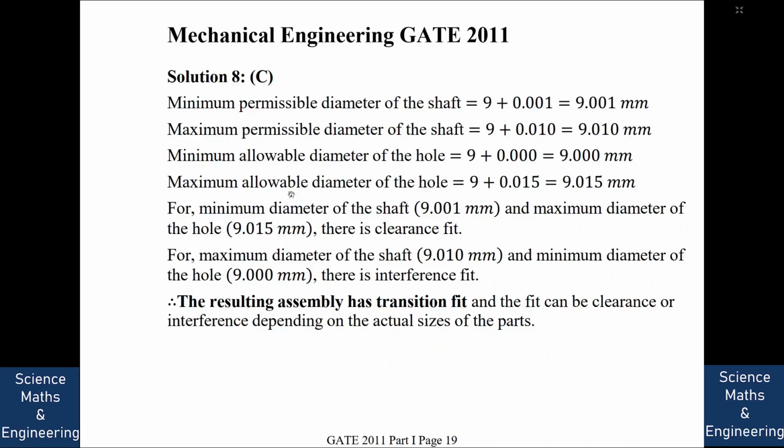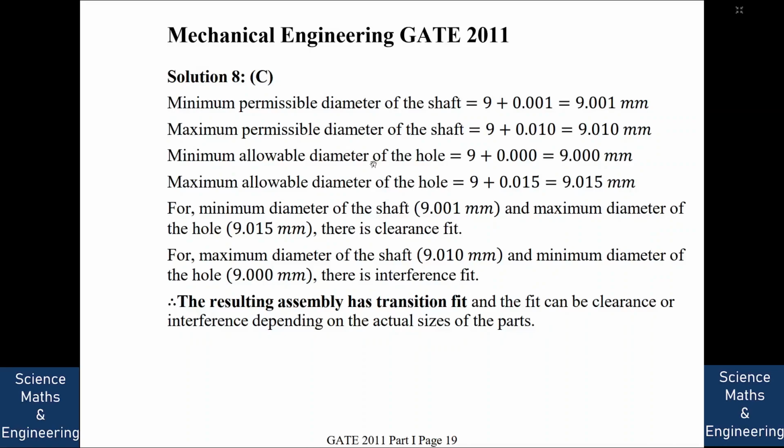If we see the maximum allowable diameter of the hole, 9.015, and the minimum permissible diameter of the shaft, that is 9.001, it fits with a clearance. So if we have the minimum shaft diameter and maximum hole diameter, then we have a clearance fit.